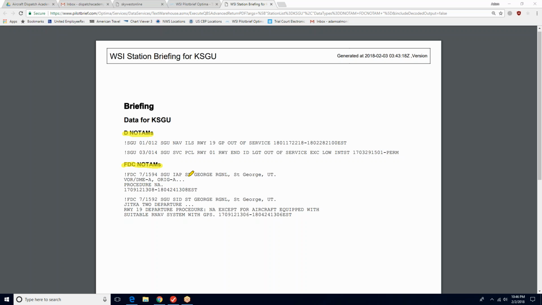So D NOTAMs is any sort of physical equipment, and FDC NOTAMs is stuff that is not a physical item or piece of equipment. You said changes or irregularities, and then what was the second part? On FDC, changes or irregularities to instrument procedures. Okay.